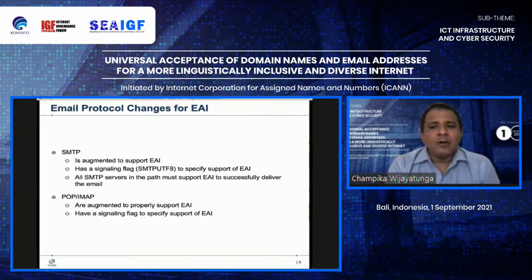All those protocols involved, like SMTP, POP, IMAP, and so on, should be able to provide that support. First of all, as I showed you earlier, the product or the tool should support it, but we also need to make sure that we configure it so that the protocols are also supported. Next slide.